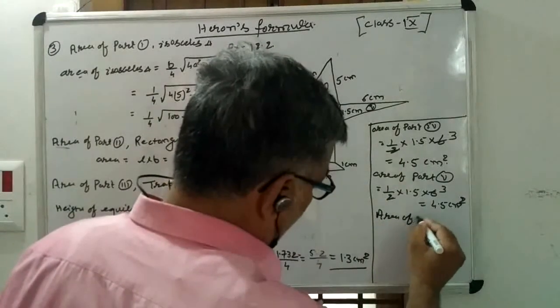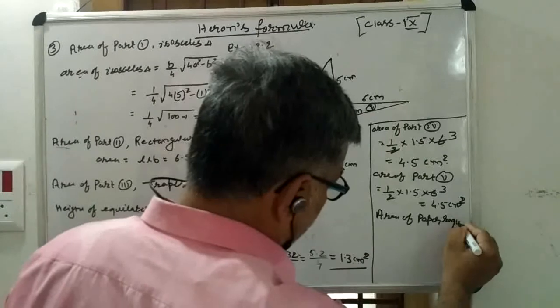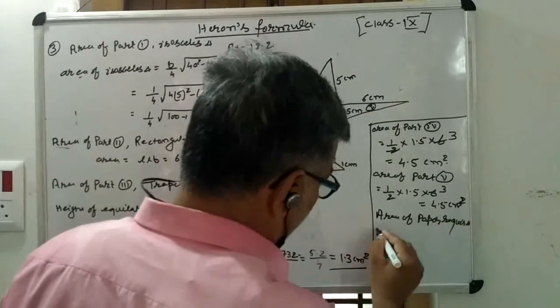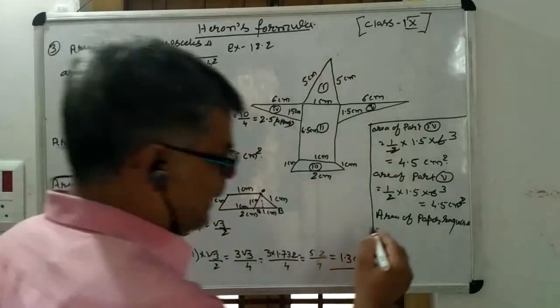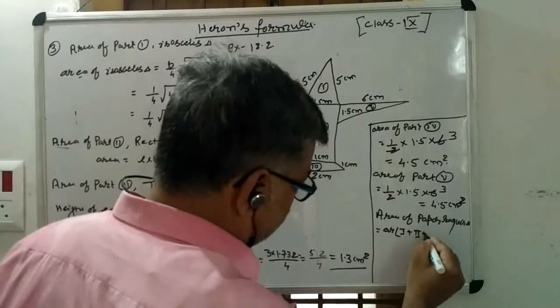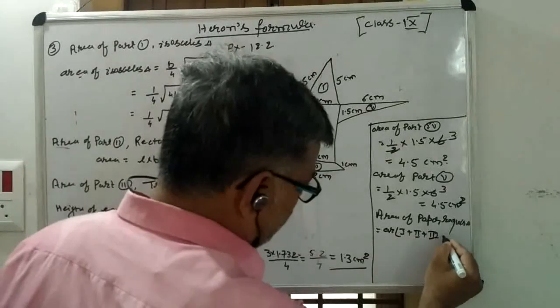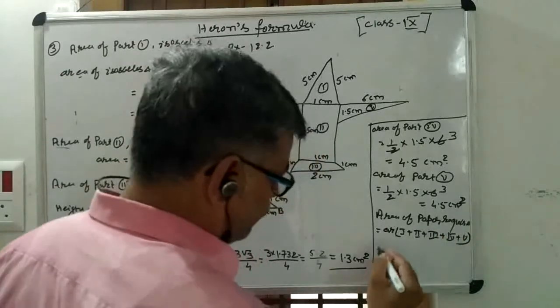So area of paper required equals area of part 1 plus part 2, area of 1 plus 2 plus 3 plus 4 plus 5, add all together.